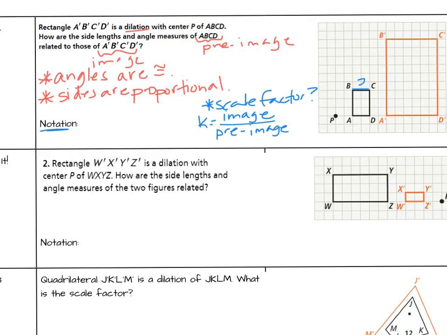That has a length of 2. The corresponding image B'C' up here at the top has a length of 6 squares. So if we do 6 divided by 2, that's 3. That's our scale factor, which should make sense. It's bigger than 1. The shape is getting bigger.